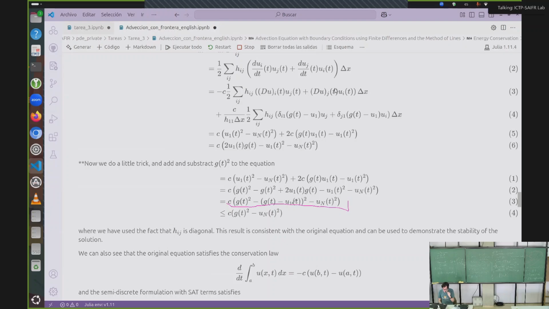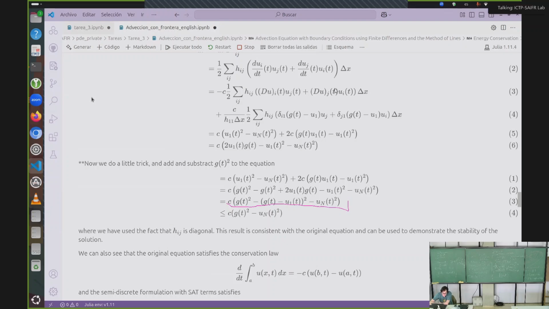Which is not the same, because we are trying to get there exponentially. So the derivative will be at least less than what we are expecting there. So this will give us the stability. This will tell us that the energy will not grow more than it would grow otherwise given the initial condition.